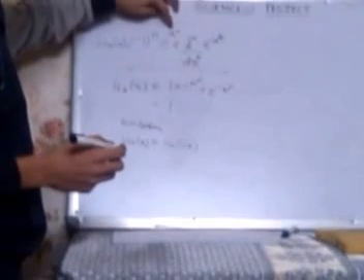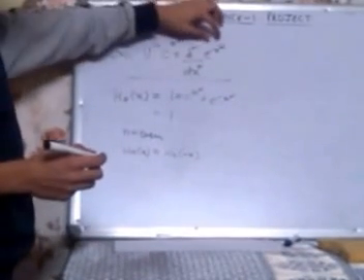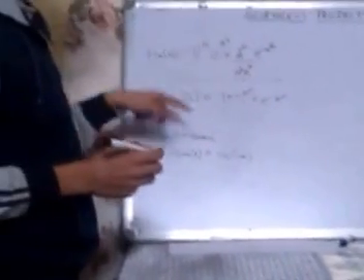This can be easily seen from this expression: if we put x is equal to minus x and n is even, this remains the same, and minus x square is similar to x square, and here it also remains the same because n is even, so we will get the same result.